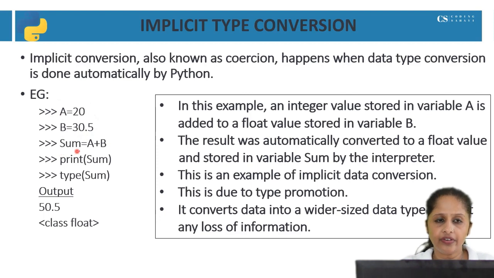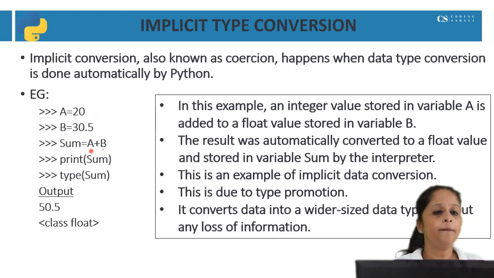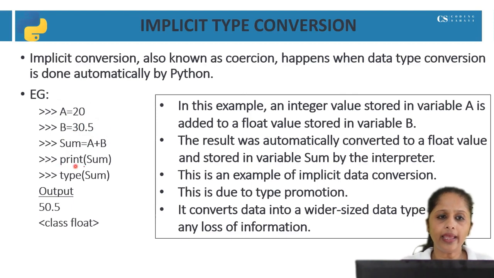After that I have written the statement sum is equal to A plus B. That means we are adding these two values, 20 and 30.5. 20 is an integer and 30.5 is float. We are adding this and printing the value sum. Here it prints 50.5.